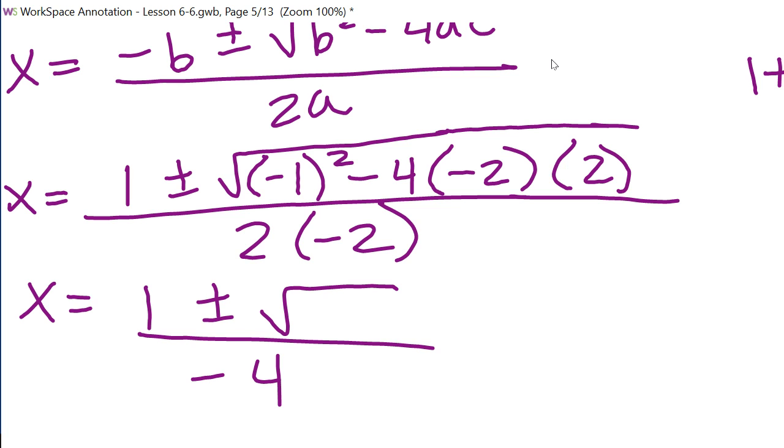So this time we're not subtracting, because what's a negative times a negative? Positive. So this time it's not a minus, this time it's a plus. And 1 plus 16 is 17. Does that radical simplify? No. Check your three numbers. So we have a 1, a 1, a -4. Is there a GCF? No. So that's our answer.